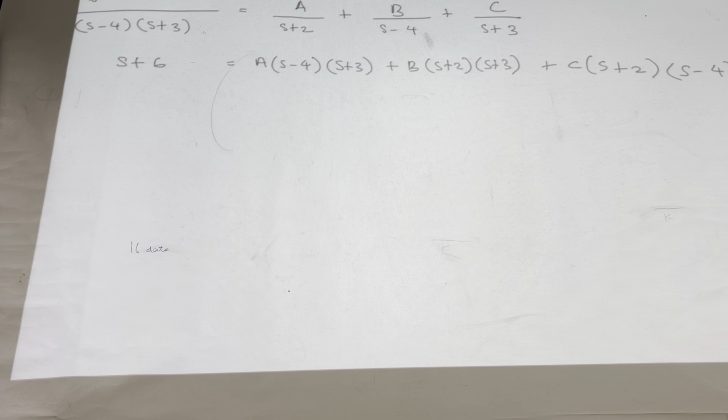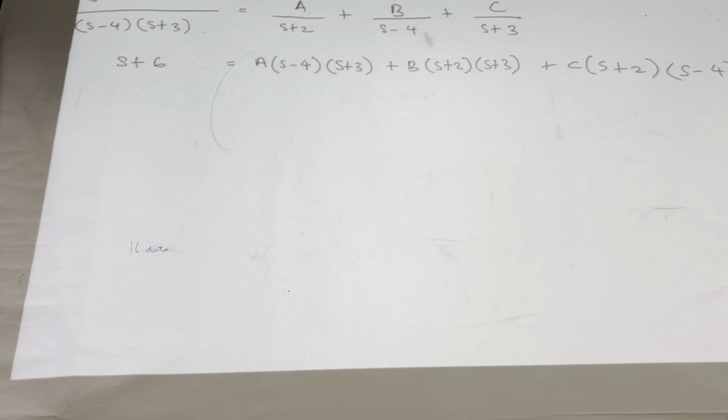Alright, so we are going to solve one by one. So observe each of our coefficients. We have A with s minus 4, s plus 3, B with s plus 2, s plus 3, C with s plus 2, s minus 4.